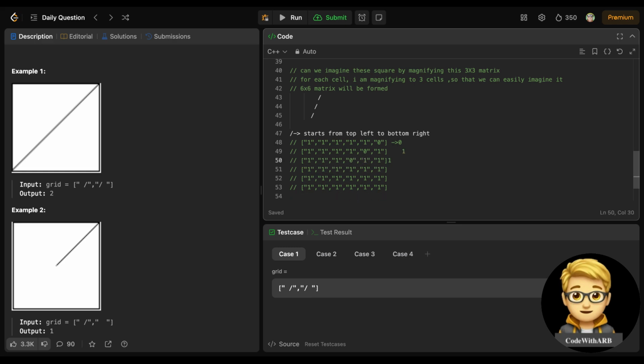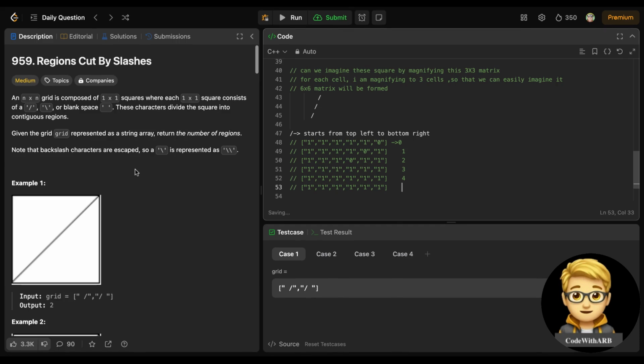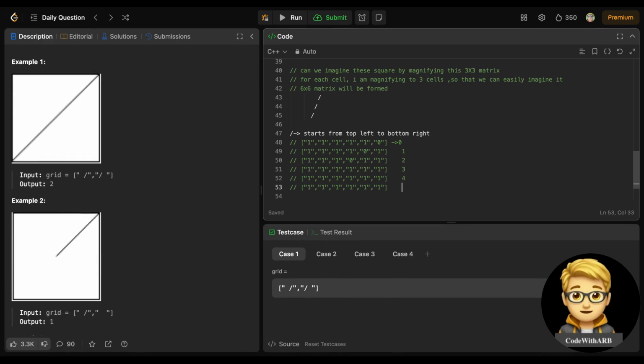I hope you're understanding. The question is very easy, you just need to understand how it is working. Although it's marked hard rather than medium, that's how it is.